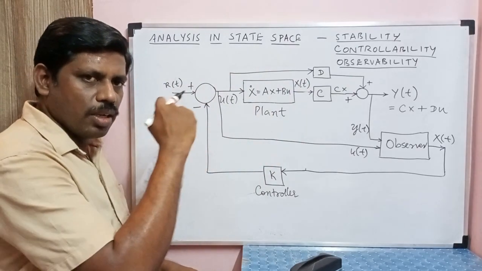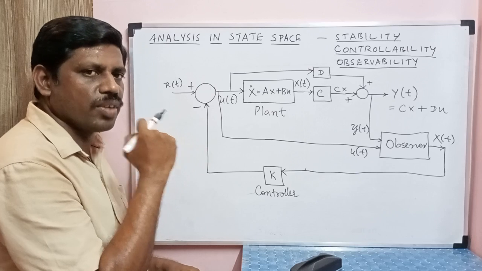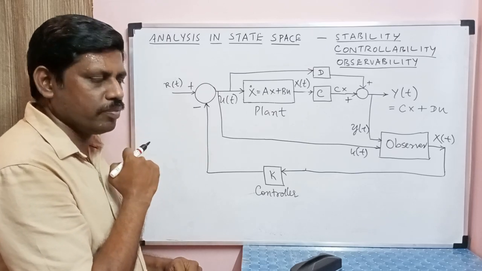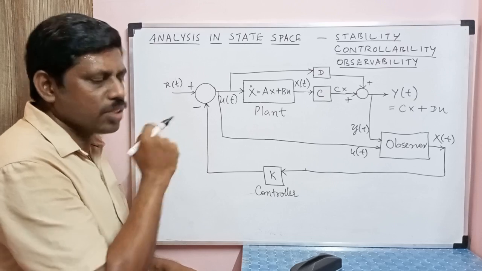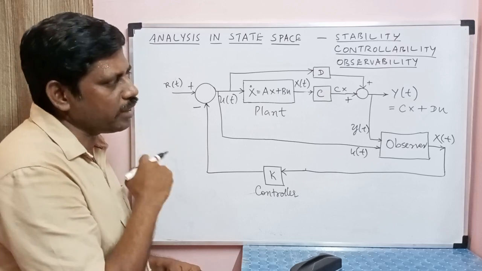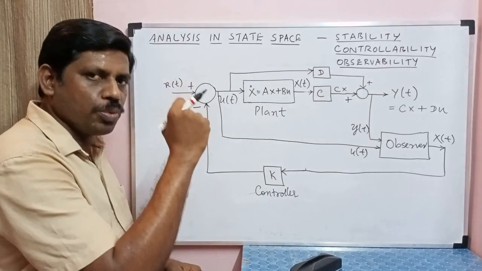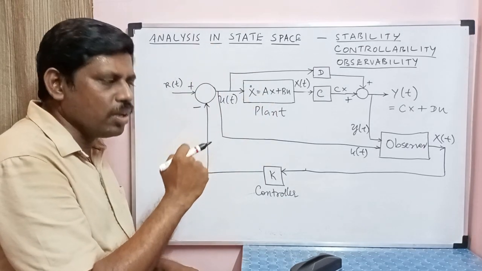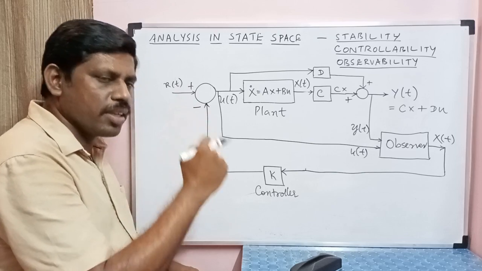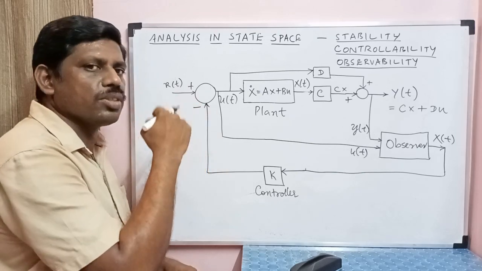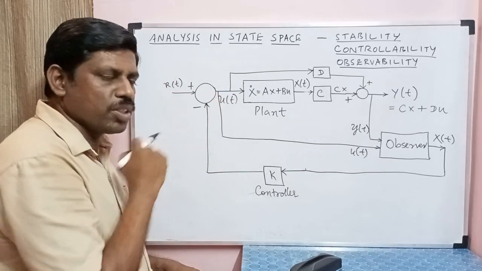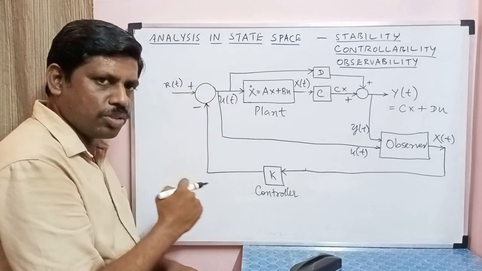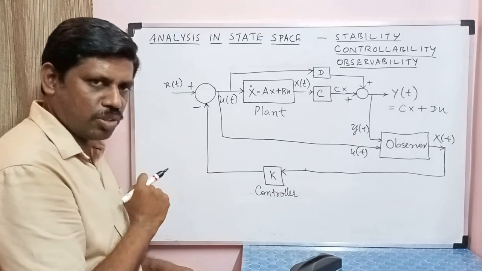So sensing the rotor position is a very important component in BLDC motor operation. But since it is a difficult job, I can make use of the output, that is the rotor speed, and reconstruct the state variable, which is the rotor position, from this output. That component which will do this job, I will call an observer.